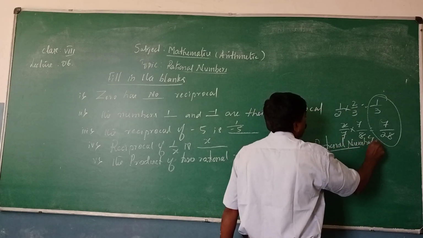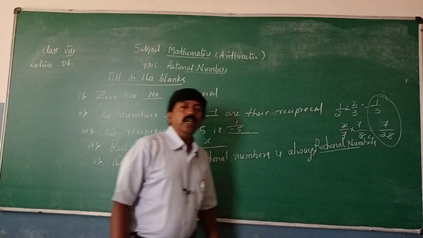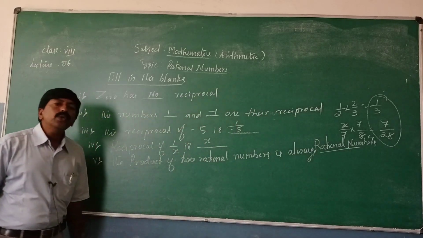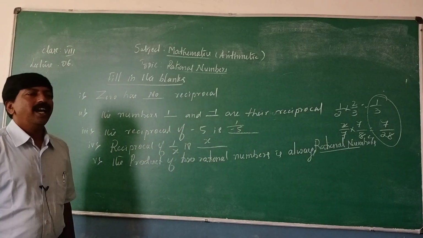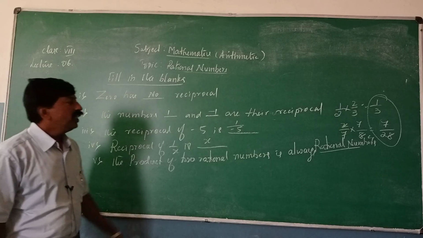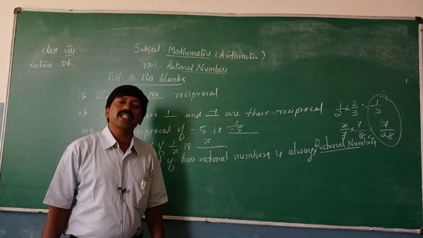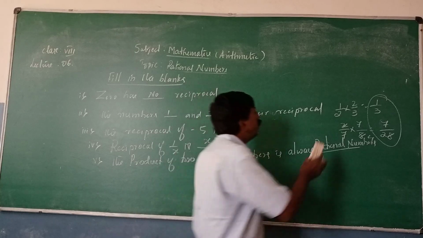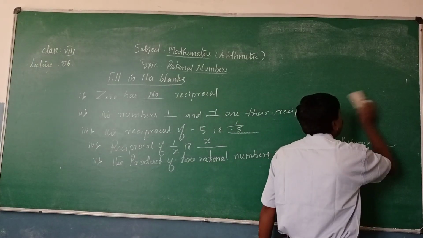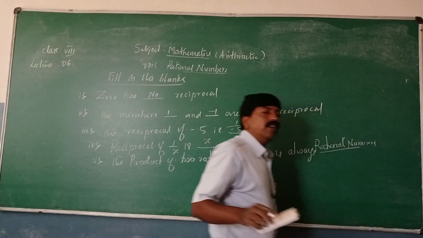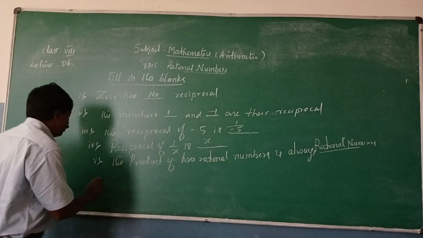Therefore, we generalize that the product of any two rational numbers is a rational number. With the help of this example, we can say that the product of a rational number with a rational number is always a rational number.